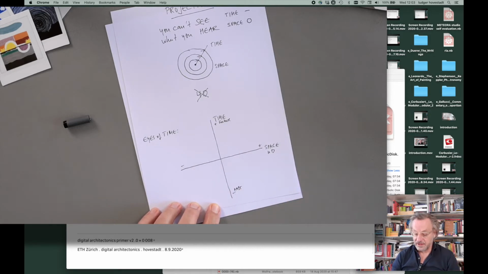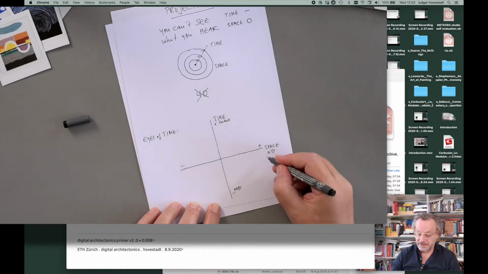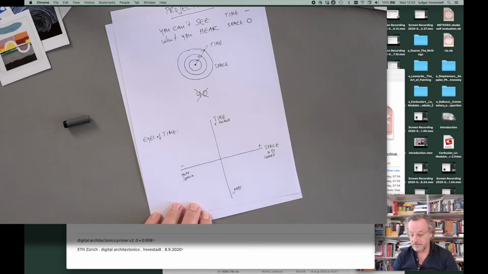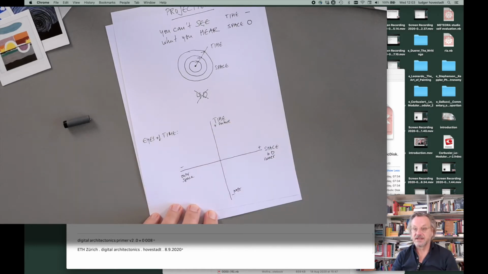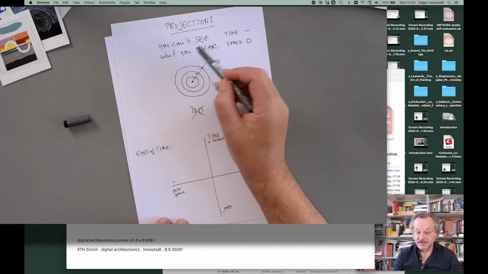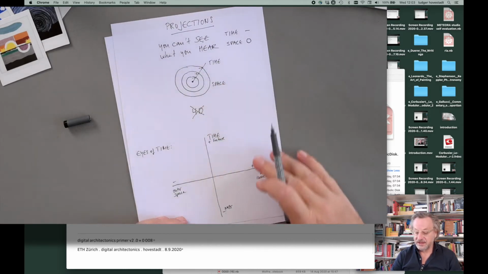Or you can say if this is the inner space, or the positive space, and this is the outer space. So this orthogonality is very important. What you can't see you hear, and vice versa.